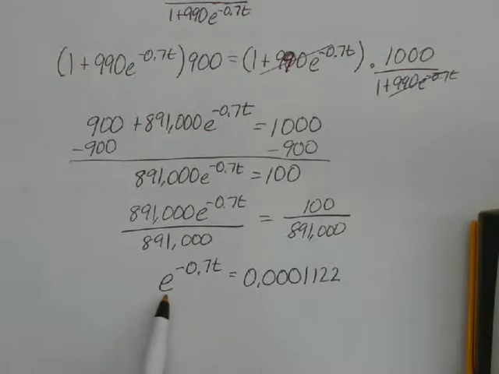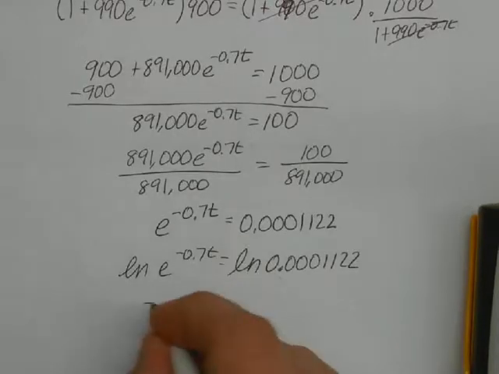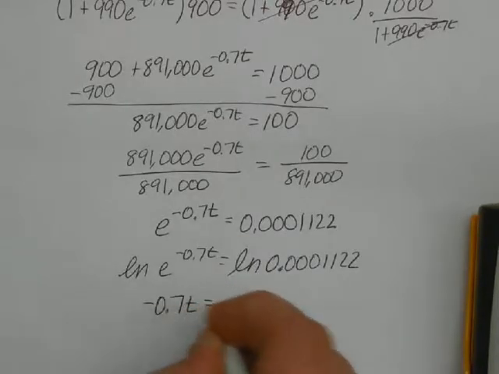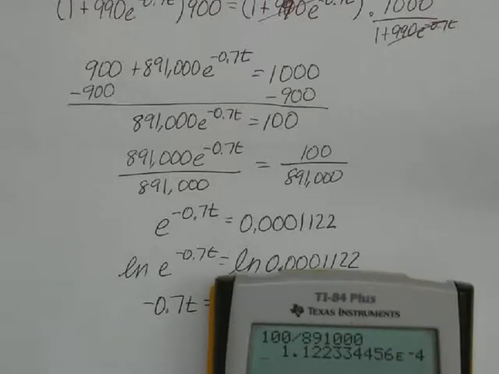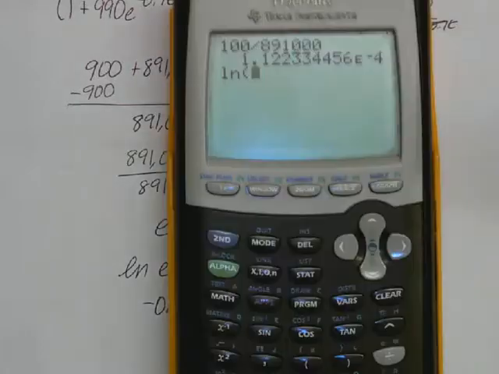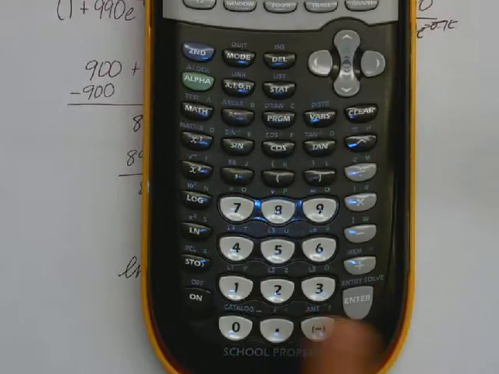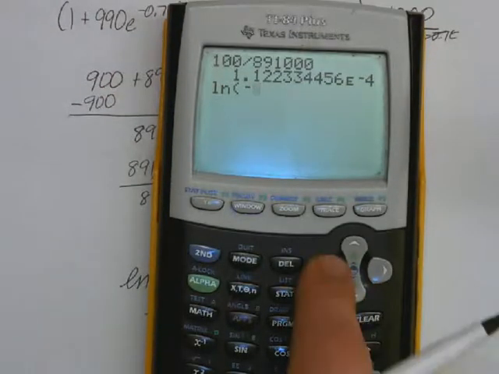So we'll take the natural log to get rid of the e. So negative 0.7t equals. Now, rather than typing in the number, I'm just going to say natural log of my previous answer. If you don't know how to find the answer, you push second and then the negative symbol. Of course, silly me didn't push second first. So second negative.